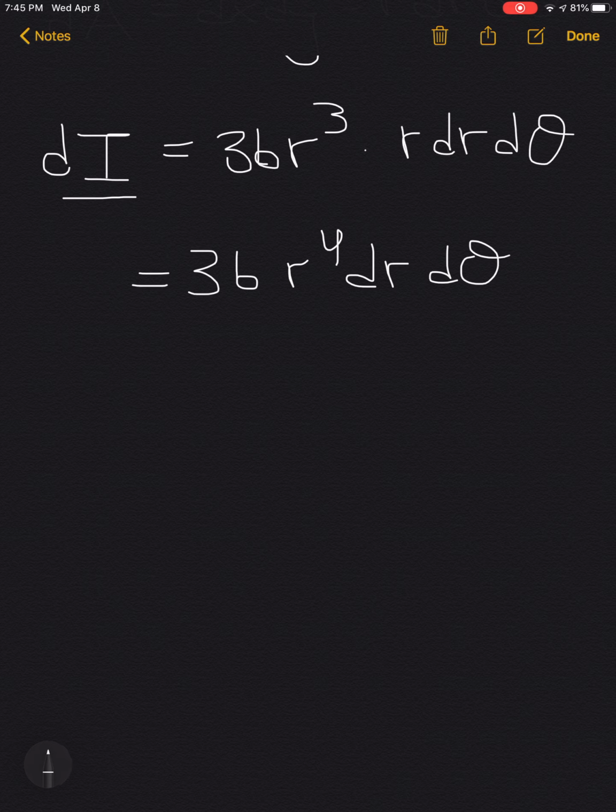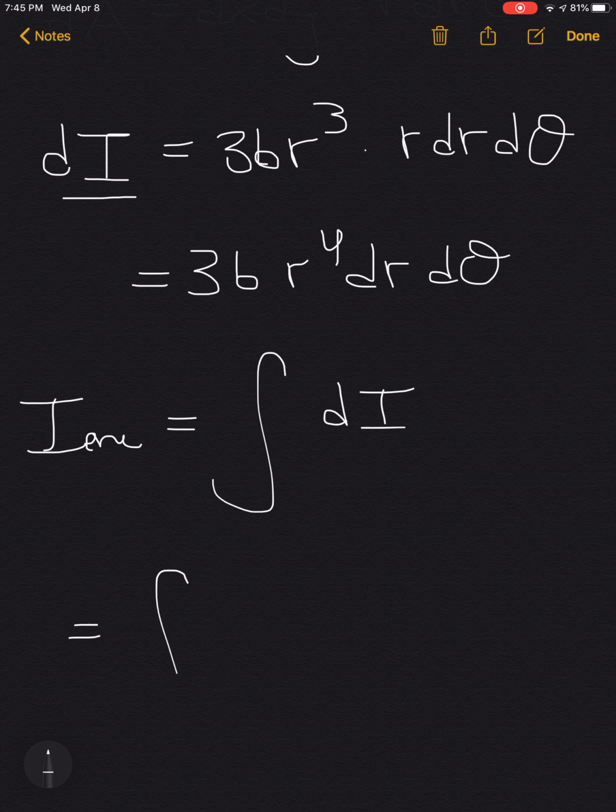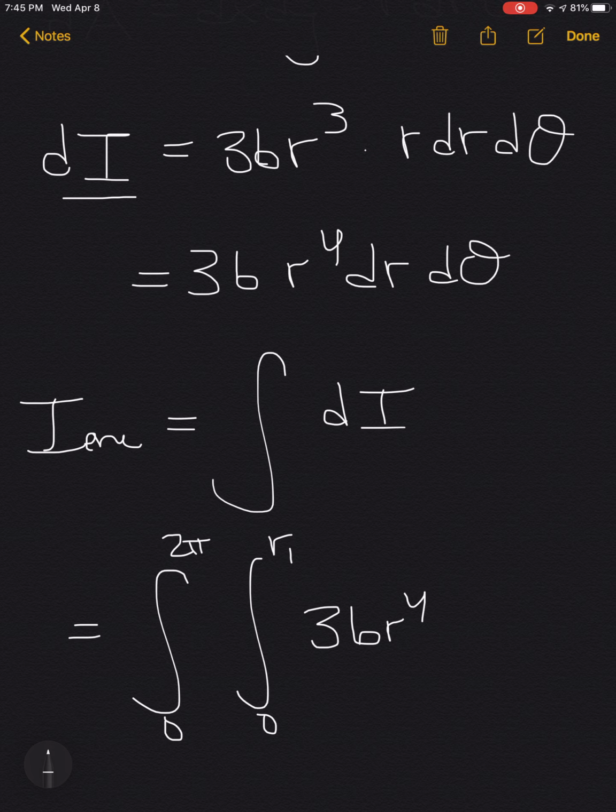And if I want to find the total amount of current, then I'm going to want to integrate that. So I enclosed is equal to the integral of dI, which in this case, if I want to do an area integral, I integrate around the entire cylinder, because there's current everywhere there, so 0 to 2 pi. I also integrate from 0 to r1, where r1 is less than capital R, and then I plug in the integrand, which is 3b r to the fourth dr d theta.